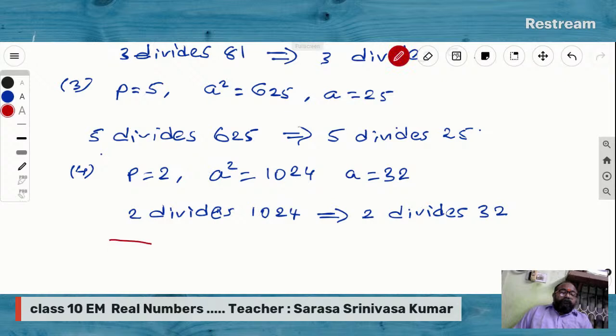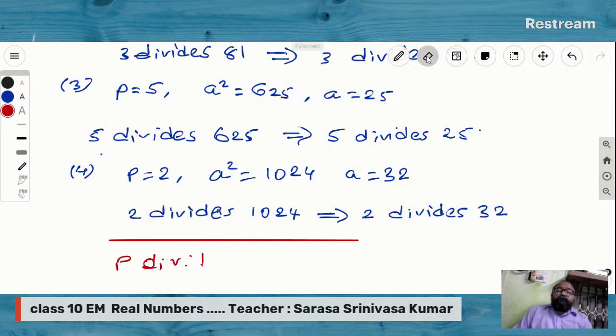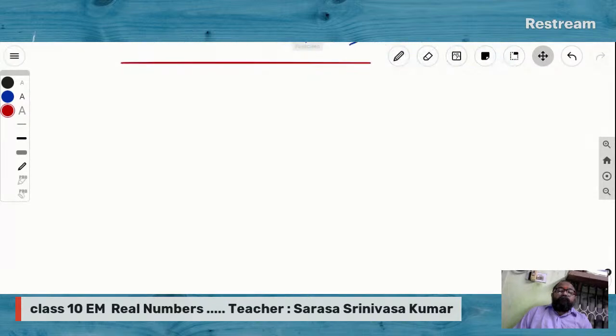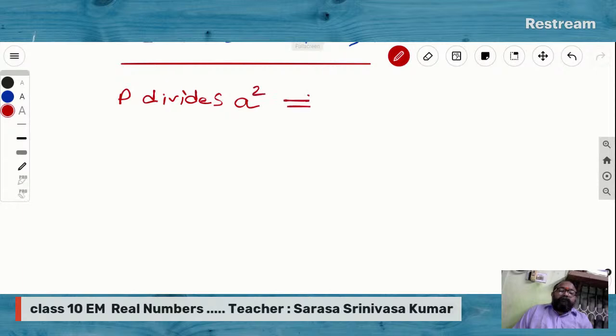So now we understand the meaning of the statement: p divides a square implies p divides a.